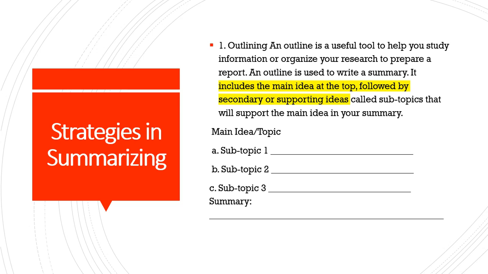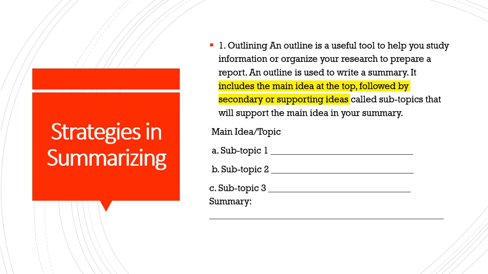Next. Okay, now we move on to the different strategies or techniques in summarizing. The first strategy is mentioned already, outlining. Okay, so what is an outline? Actually, an outline is a tool that will help you better understand a certain text, because again, it serves as a summary of the text. Because in here, you just have to identify the main idea.